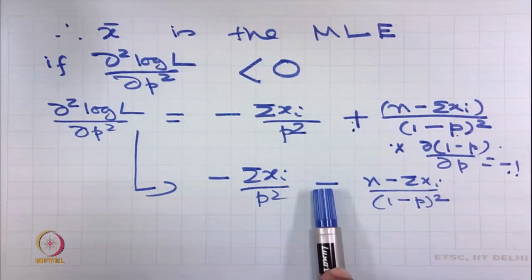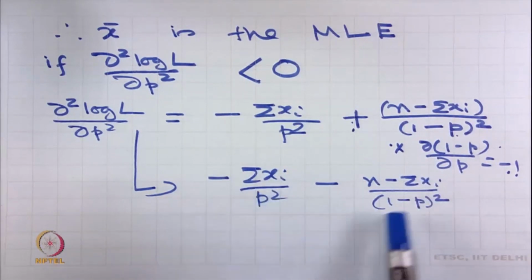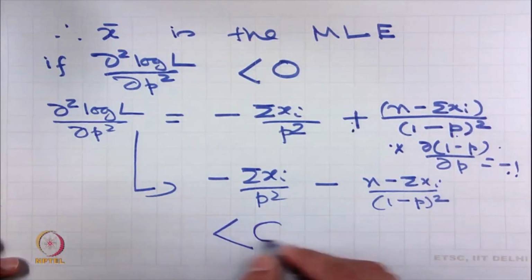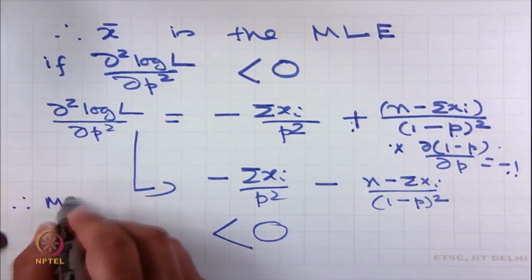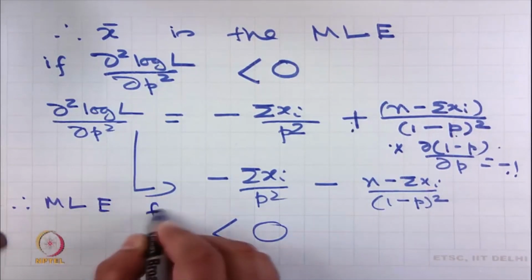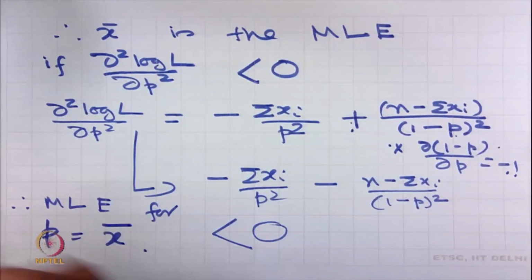With this negative sign, this becomes negative, this becomes negative, this is positive, this is positive. Therefore, the whole thing is less than 0. Therefore, MLE for p is equal to x bar.